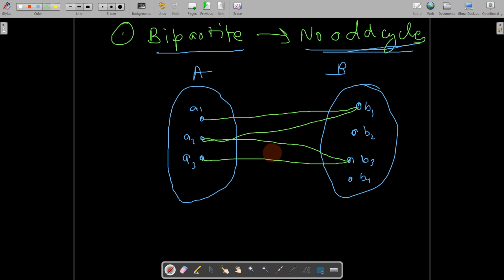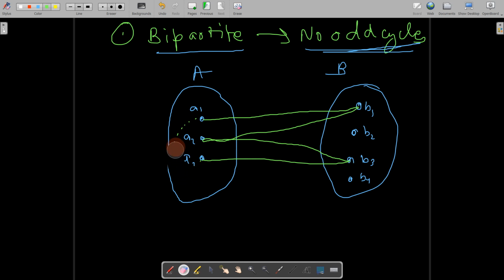Now to make it an odd cycle, I have to go back to A1. But from A3 I will have to make an edge to A1 like this, and that violates the condition, because A1 and A3 are in the same set. So that violates the condition of a graph being bipartite.